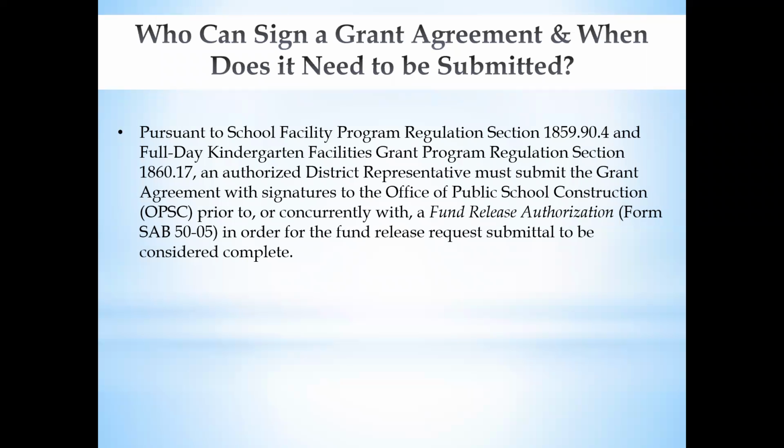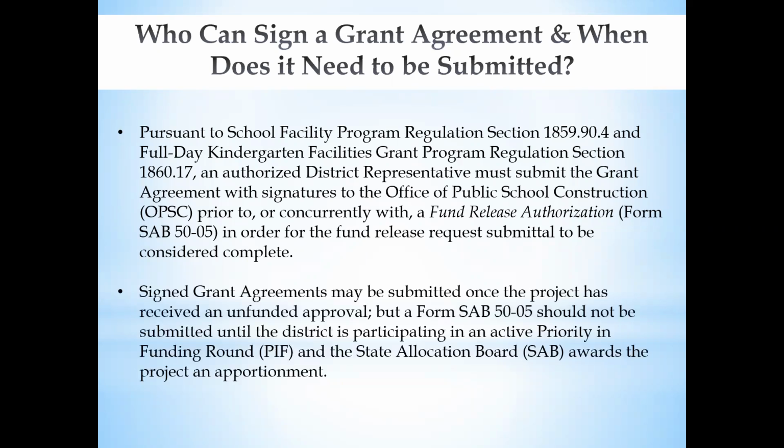And that fund release is your form SAB 5005 requesting funding from the state. The signed grant agreements may be submitted once the project has received an unfunded approval, but a form 5005 should not be submitted until the district is participating in an active priority and funding round, and the board has awarded an actual apportionment to the project.